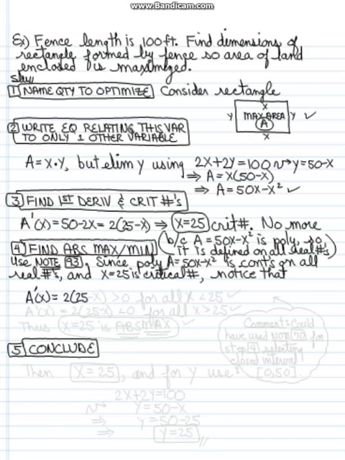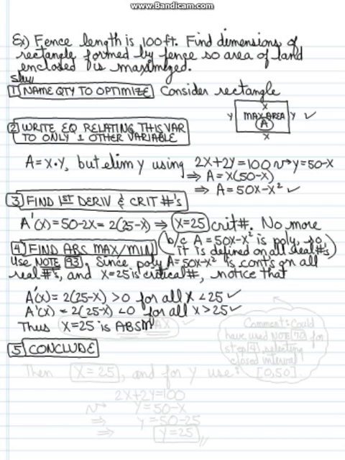Well, just look at the factored form, 2 times (25 minus x). That's going to be greater than 0 whenever x is smaller than 25. I mean, plug it in there and look what happens. Now, it'll be less than 0 for all x's that are greater than 25. So we can make our conclusion about this. Thus, x equals 25 is an absolute maximum. We're not interested in the min, just the maximum.